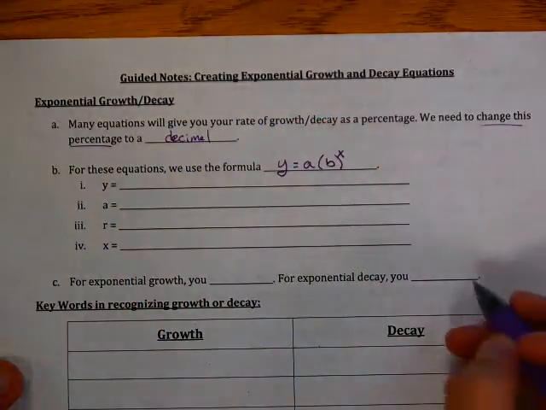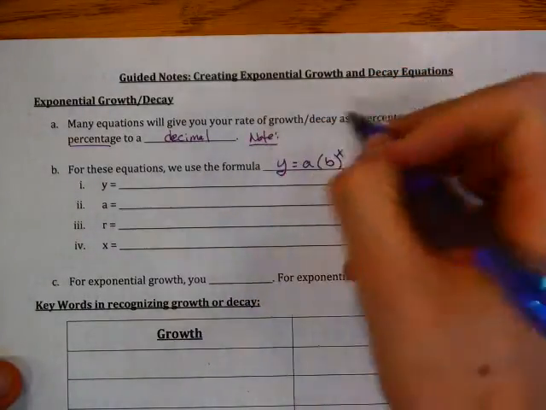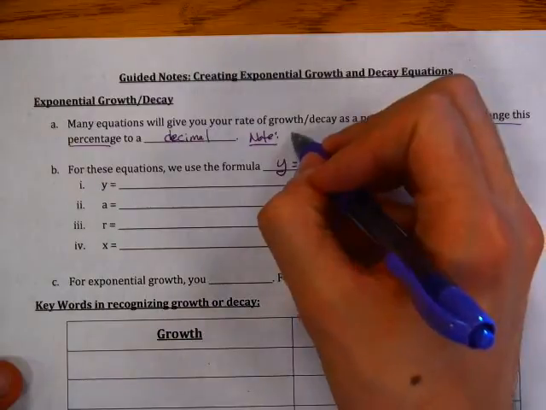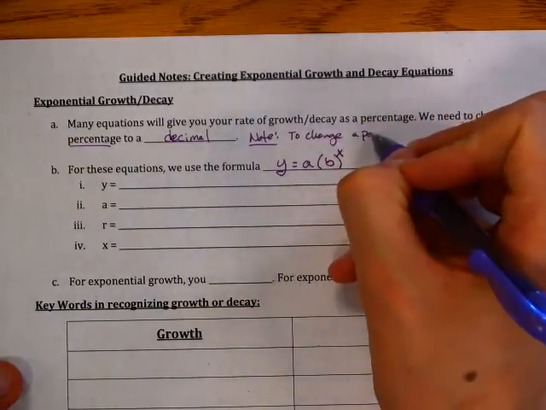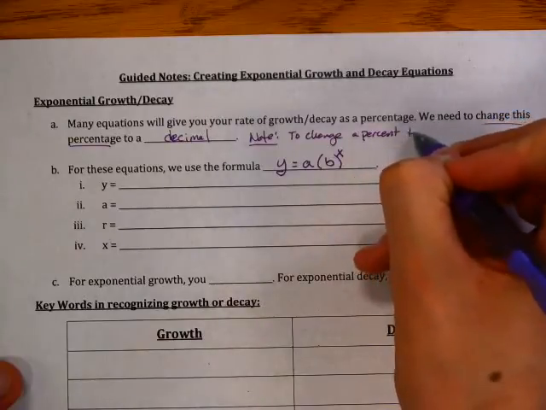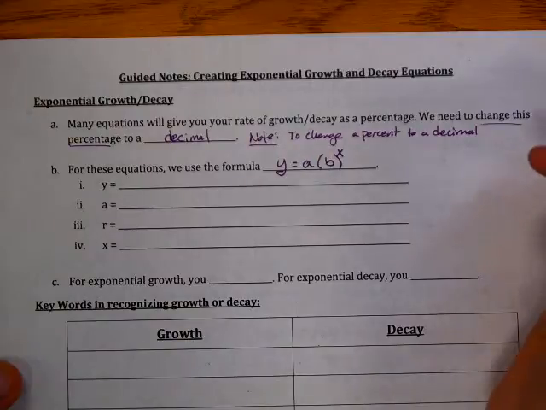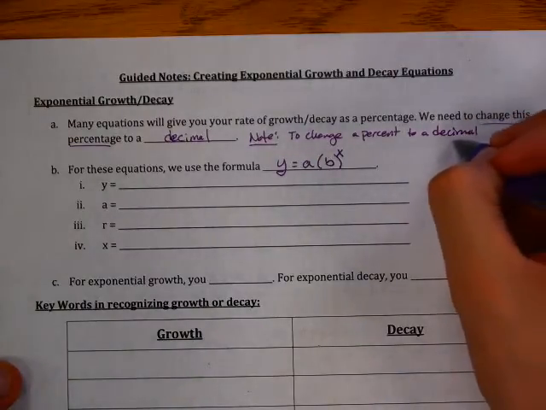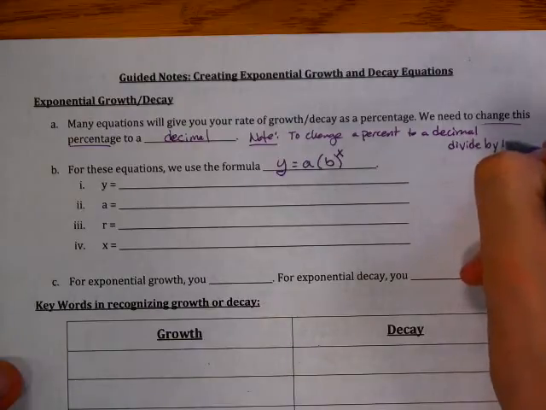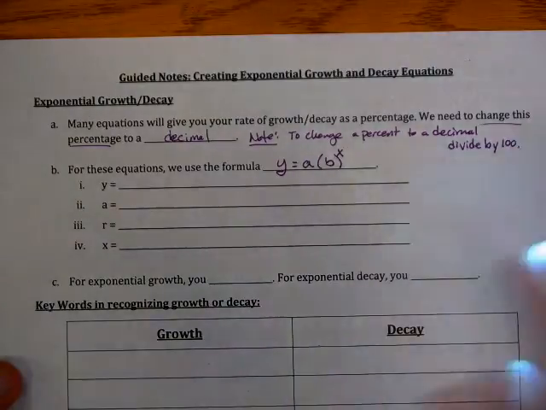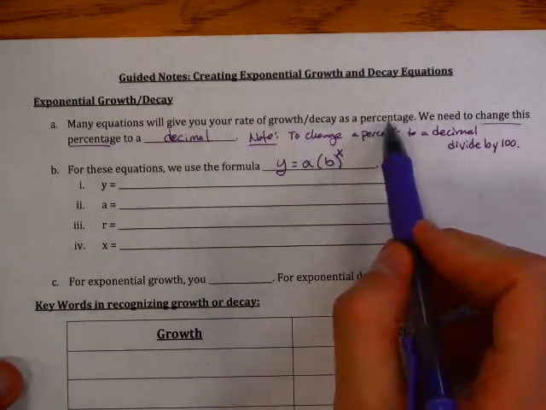Alright, and here's a note. To change a percent to a decimal, all you have to do is divide by 100. A percent is a fraction out of 100, hence it's called a percent.